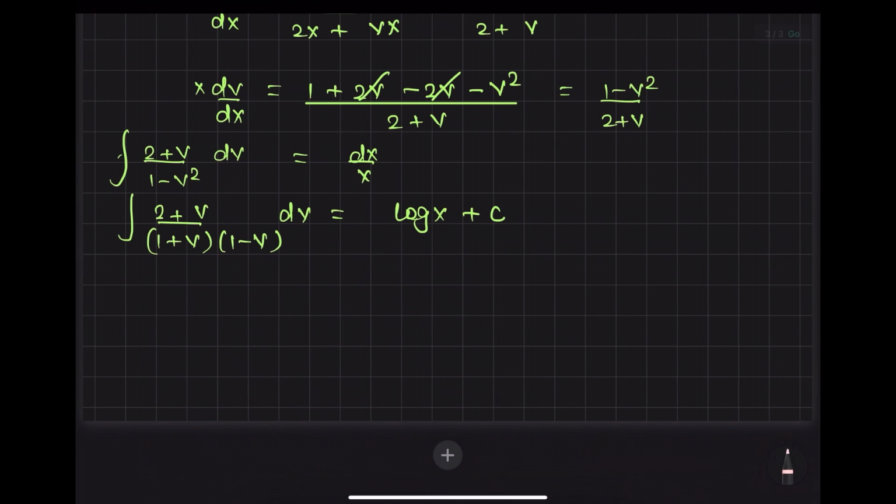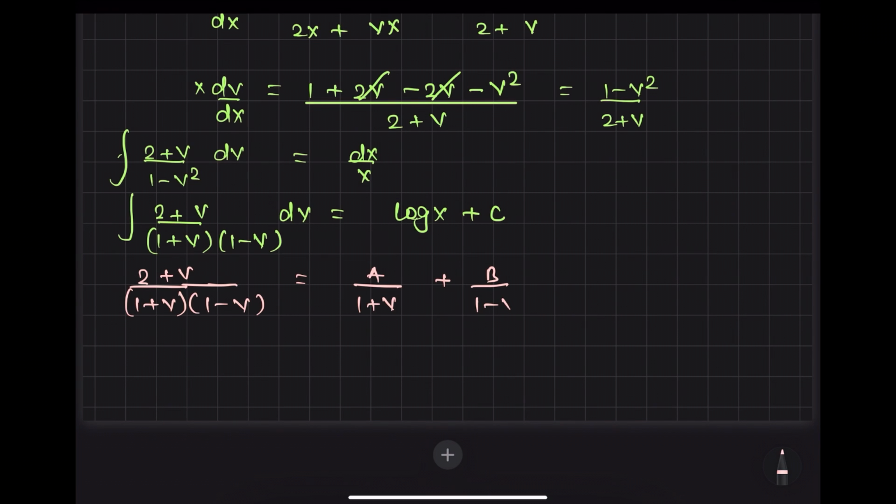So can I write, wait, so we have 2 plus v upon 1 plus v and then 1 minus v, okay, and then a by 1 plus v plus b by 1 minus v.